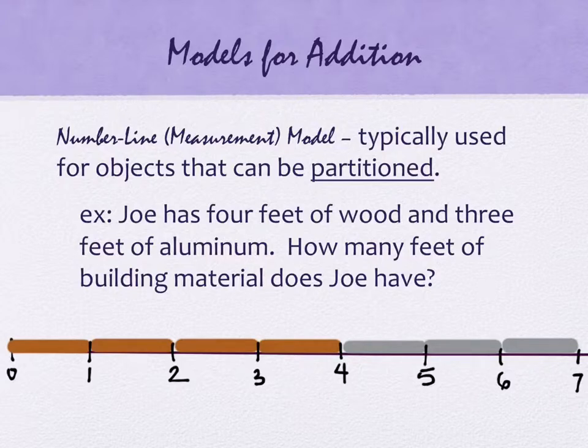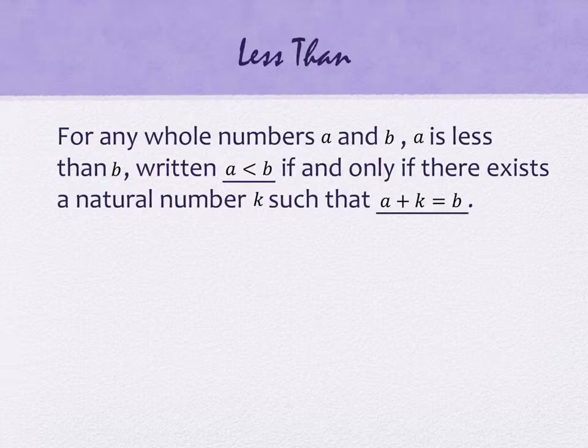All right, a phrase that we use frequently are the phrases less than or more than. So what do we mean when we say less than? For any whole numbers, A and B, A is less than B, written with the less than symbol, if and only if there exists a natural number K, such that A plus K equals B. And you guys know this to be true.